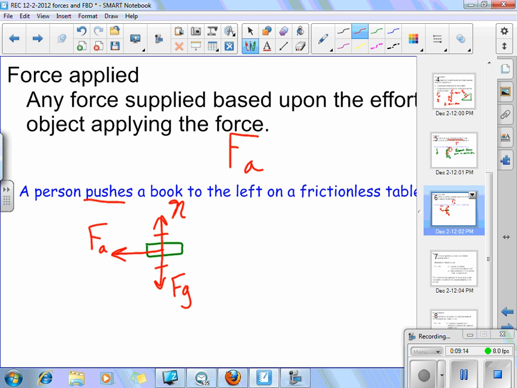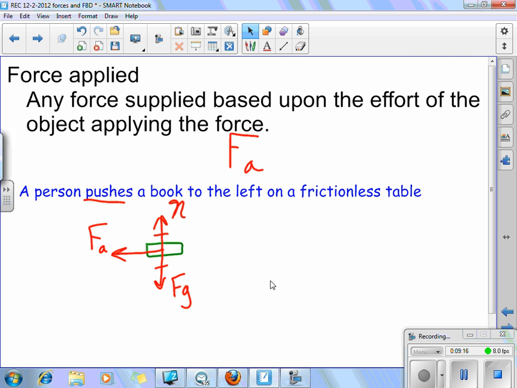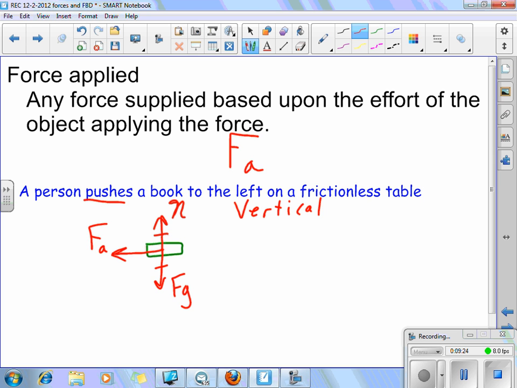Alrighty, so for this one, a couple key things to make as a point. We have two balanced forces. So our vertical forces are balanced. So there's no acceleration vertically. Horizontal or not. So horizontal are unbalanced.